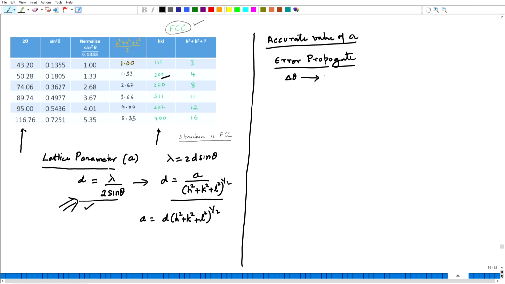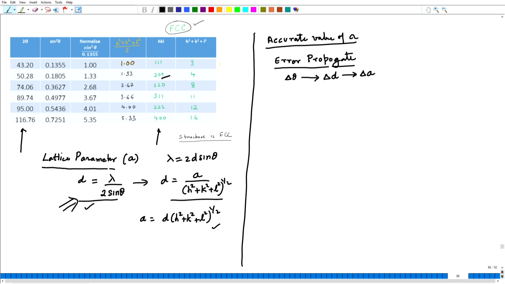So, there would be an error in the interplanar spacing for that specific HKL plane, and since A is related to the d value, this will produce an error in the lattice parameter. So, this is how the error is propagating, first from delta theta, then to delta d, and then to delta A. Let us write this in a different way.